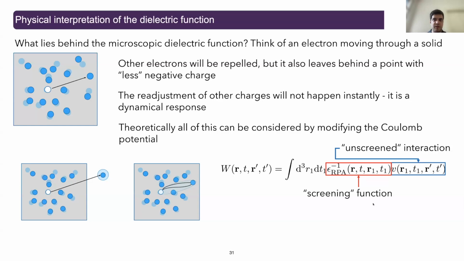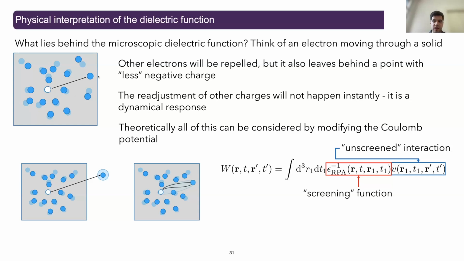The last remark before I continue is related to how we interpret the dielectric function, that is, what physical meaning lies behind it. I would like to try to explain what we are trying to describe here when we evaluate the microscopic dielectric function and what it can be used for beyond optics. So think of an electron that is moving through a solid, where there are other electrons and nuclei.